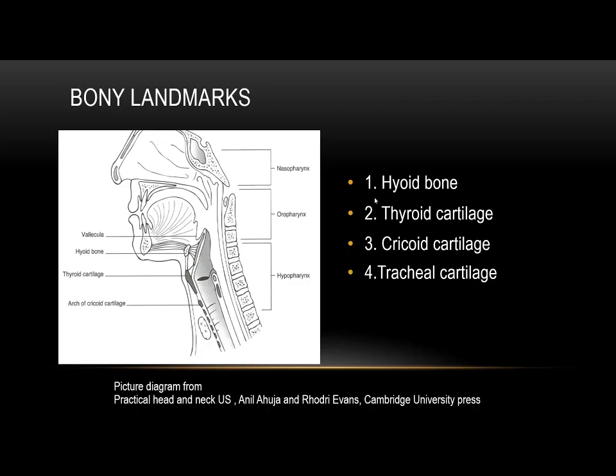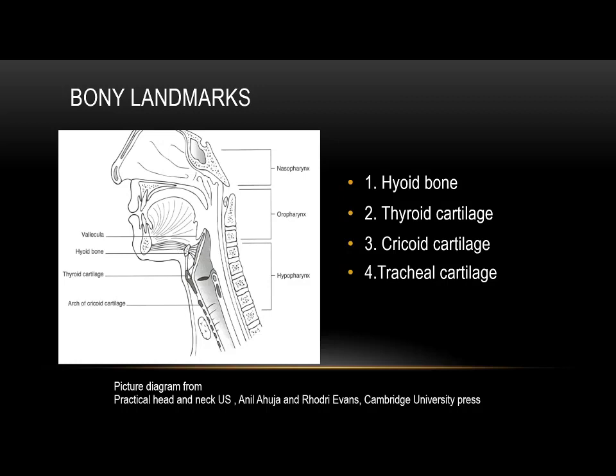Start with the first one, the hyoid bone. The hyoid bone is located deep inside the neck, in the uppermost position. It's above the thyroid cartilage. The thyroid cartilage we can palpate. It's called the Adam's apple, very prominent. So the hyoid bone is the first one that we need to know and locate.